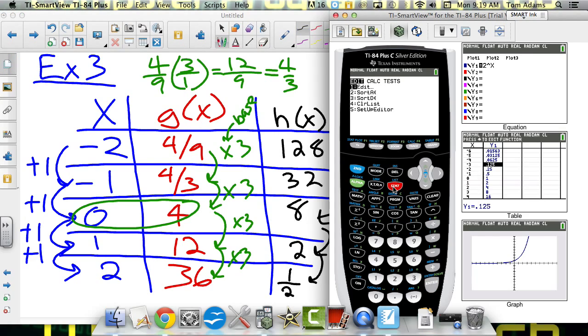What Mr. Adams is going to do is I'm going to change this to -2, 1, 0, oops, forgot to do the 0, 1, and 2, and we'll clear that last one.